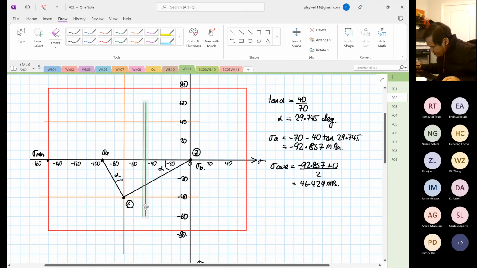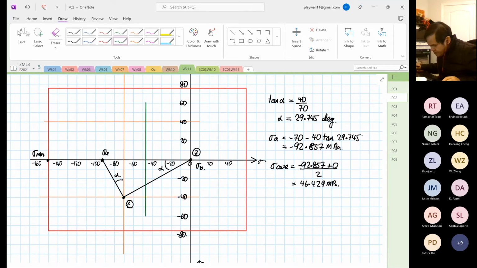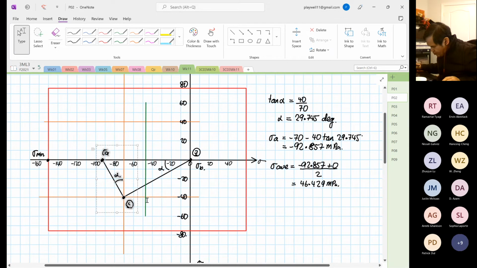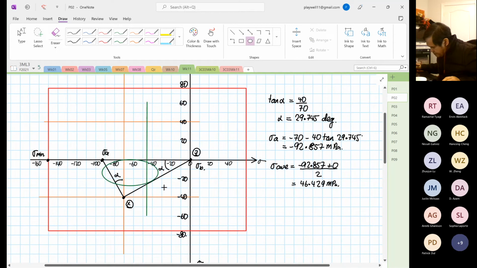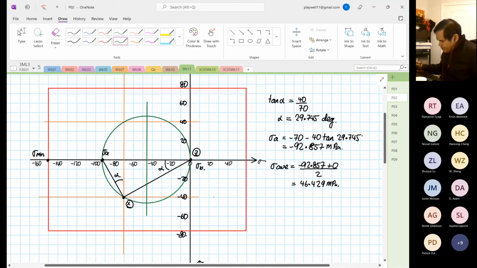Okay, so 46 is somewhere around here. Yeah, I think I need to shift it a bit more. Okay, and then we can construct our circle for the XY plane. Okay, so this is our circle now, and this is our point O.